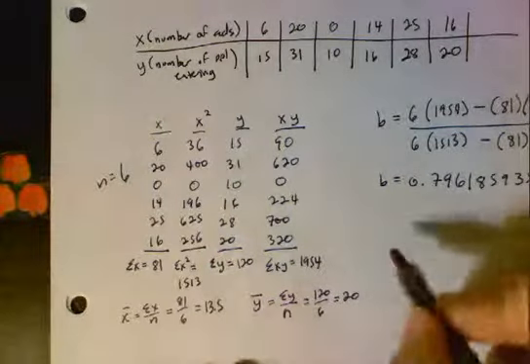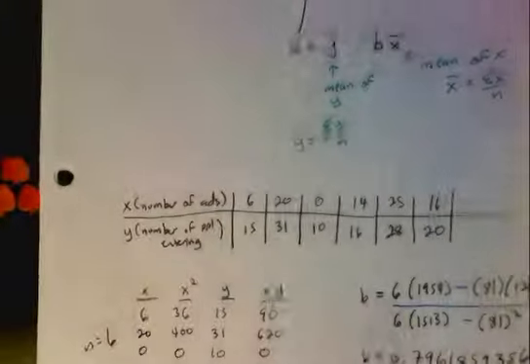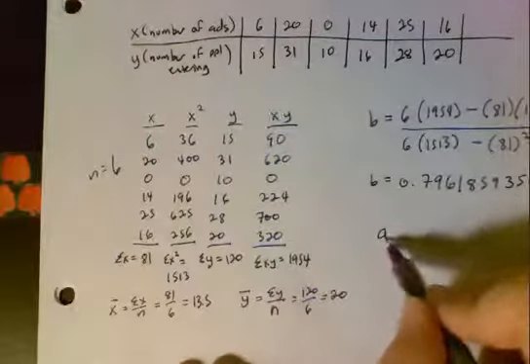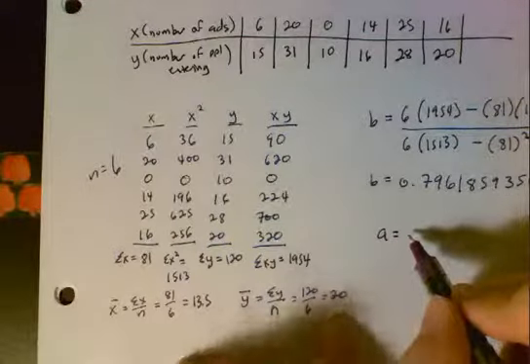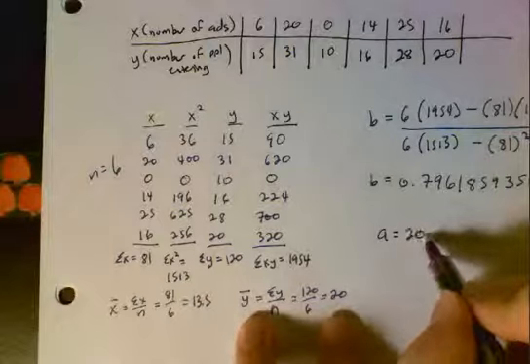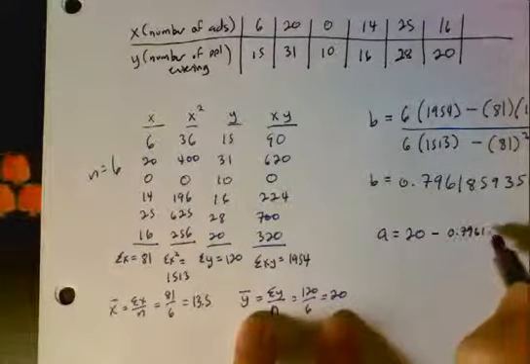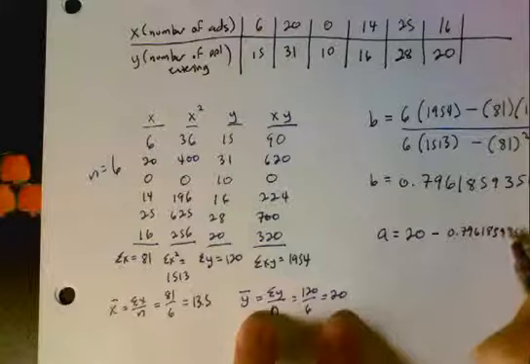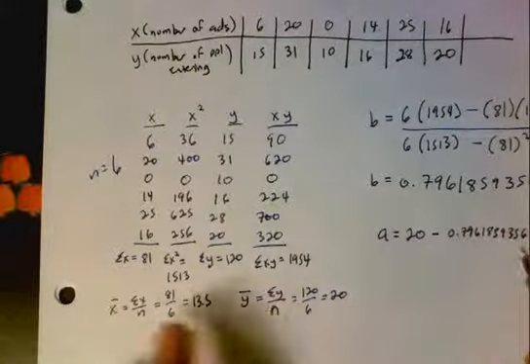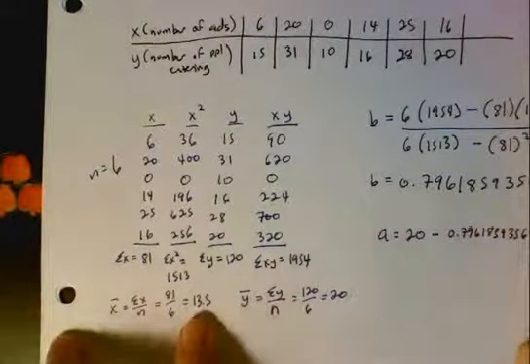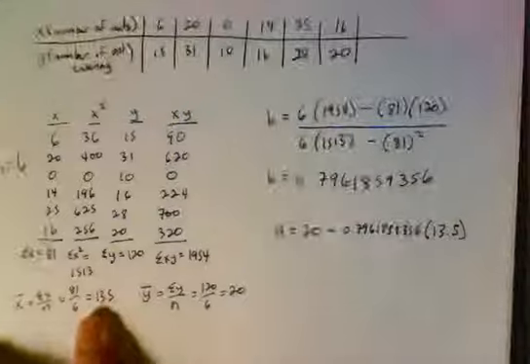That's 20. So a is going to equal y bar minus b, 0.79618599356, times x bar, 13.5.